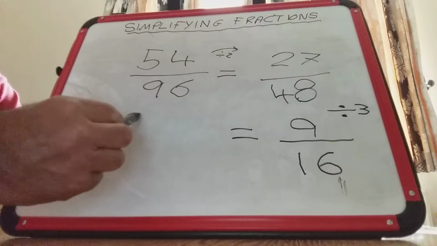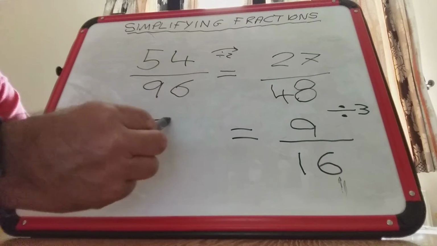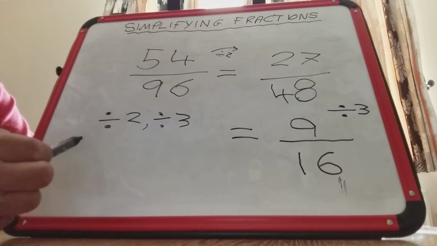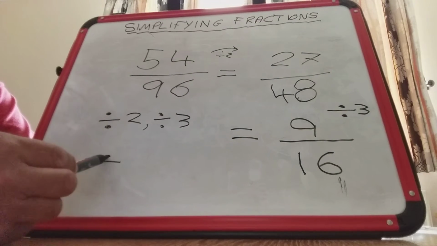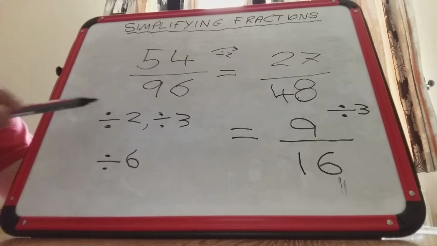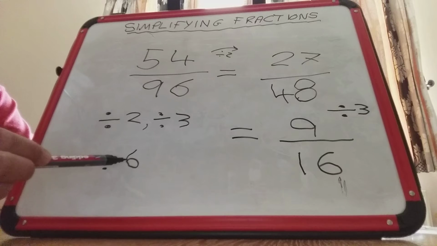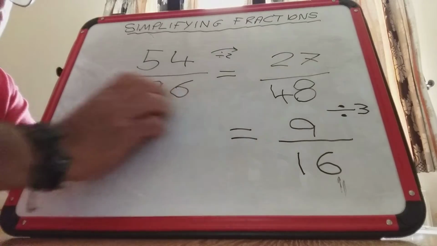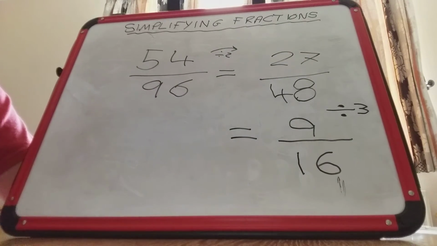Divide by 2 and then divide by 3, that is the same as dividing by 6 straight away. And we know this because 2 times 3 is 6. That's how you work it out. Don't worry too much if that's fooled you a bit. When you're simplifying fractions, you can take as many steps as you like.